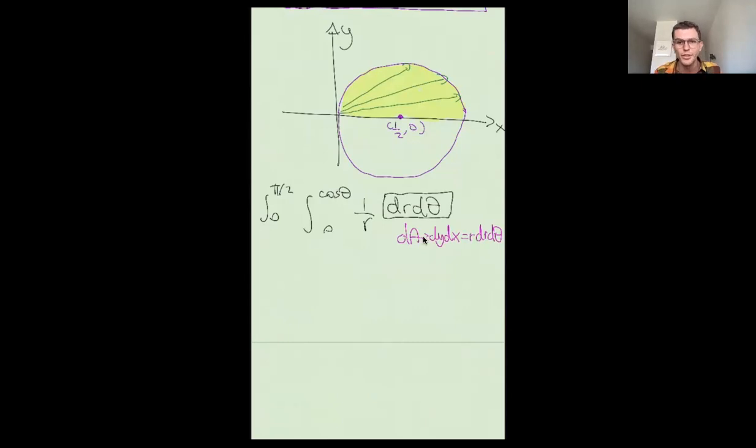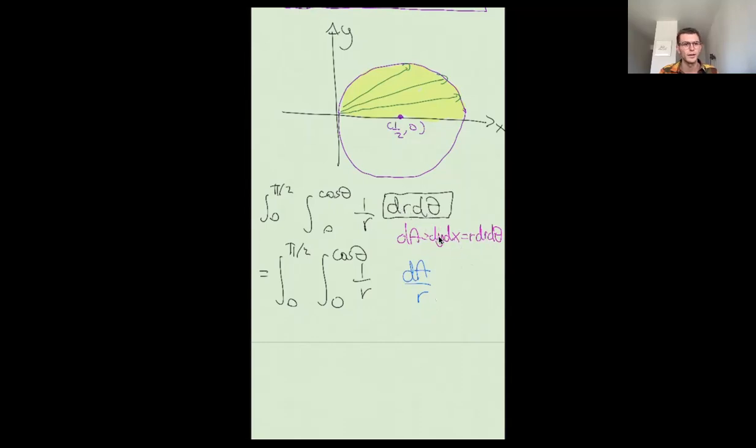But you see, here you have the r d theta. So the r d theta is just really dA over r. So this is the same as the integral from 0 to pi over 2, 0 to cosine of theta, of 1 over r, and this becomes dA over r, right? Is that making sense? Because you just have dr d theta here, you don't have r dr d theta.